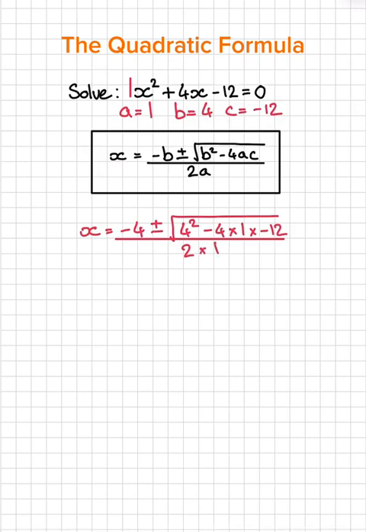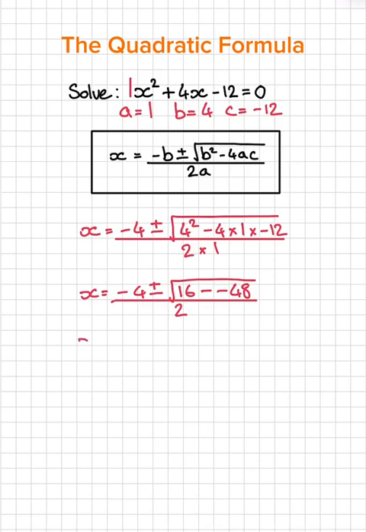Next we're going to do some simplifying here, so we can actually say x is equal to negative 4 plus or minus. Now 4 squared is 16, 4 times 1 is obviously 4, times negative 12 is negative 48, so we'd have minus negative 48, that's all being square rooted, and of course 2 times 1 is just equal to 2.